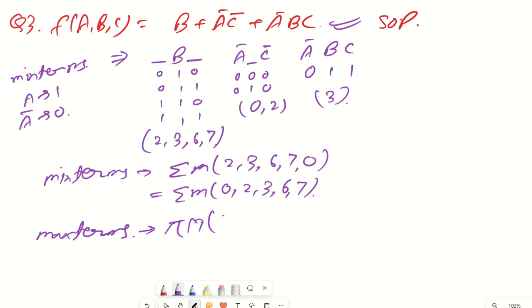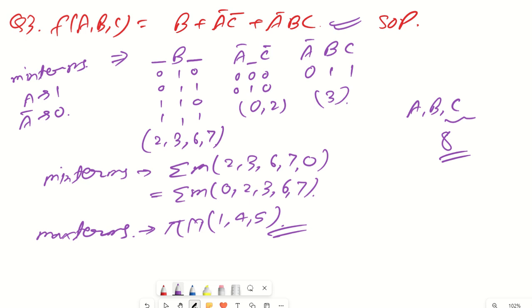You can see we have 1, then 4 5. So that's all, this is done. Since it is a b c, 3 variables, total 8 numbers will be there, so from 0 to 7. Whatever is missing, those numbers will come in your max term expression.